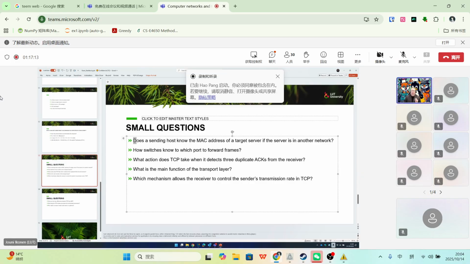Okay, very important question. Does a sending node host know the MAC address of target server if the server is in another network? No. Because ARP only works on LAN. Correct, exactly.